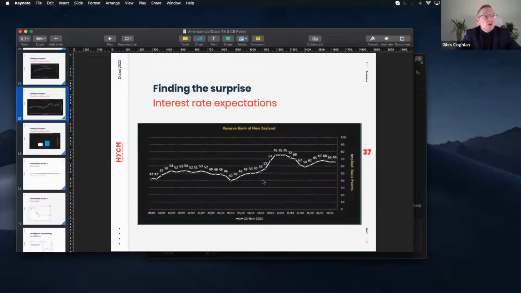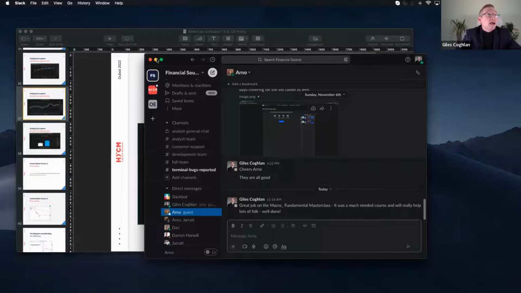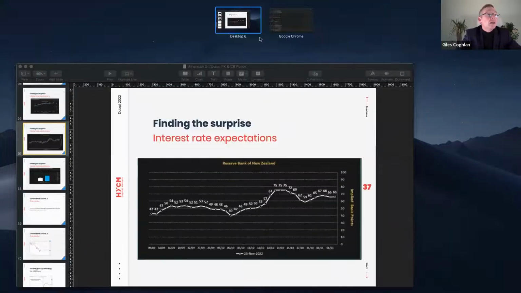Do you see around October, the 17th of October, do you see how the implied interest rate moved higher? Because short-term interest rate markets think, higher inflation, the RBNZ are going to have to hike interest rates, so the New Zealand dollar should gain. And now look at this.